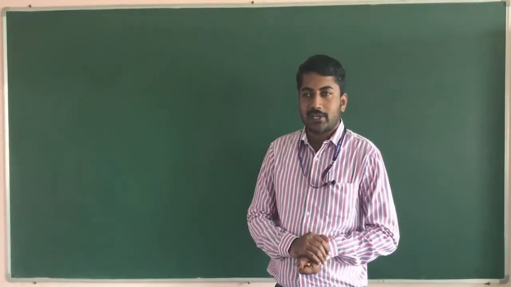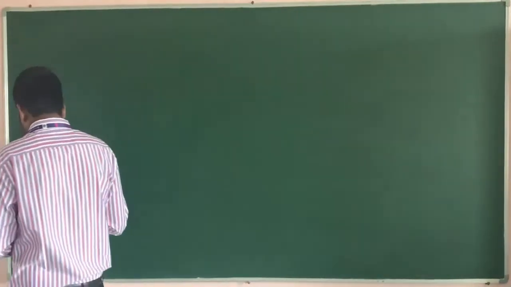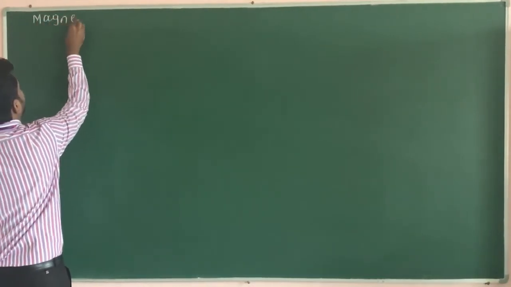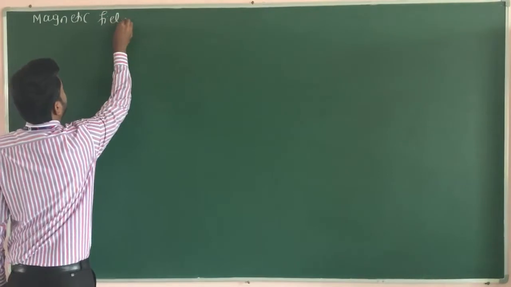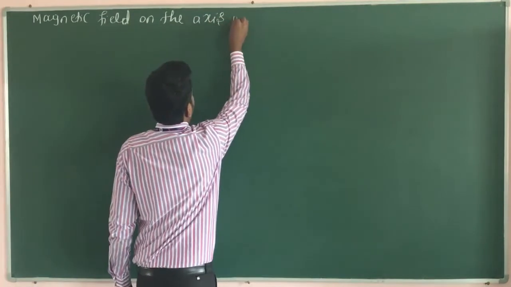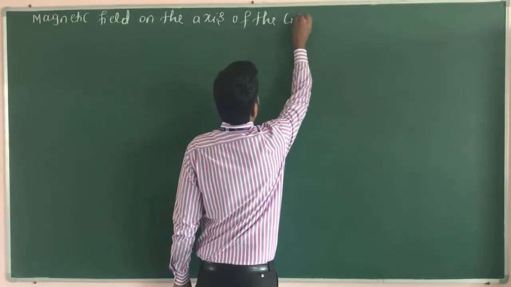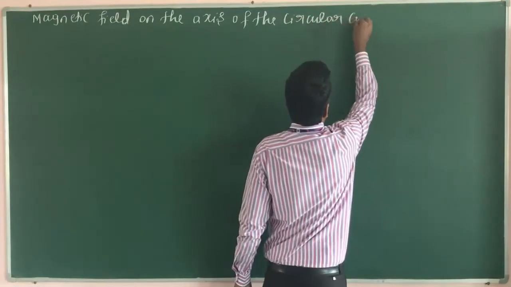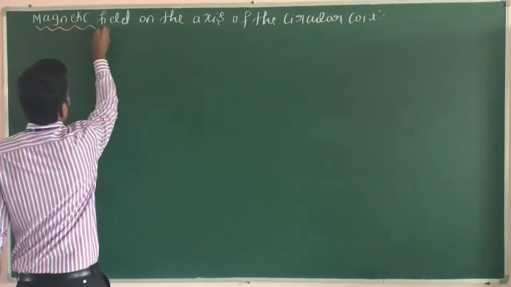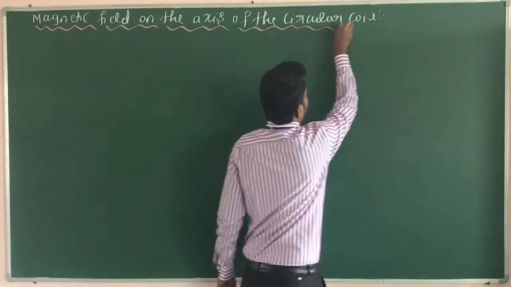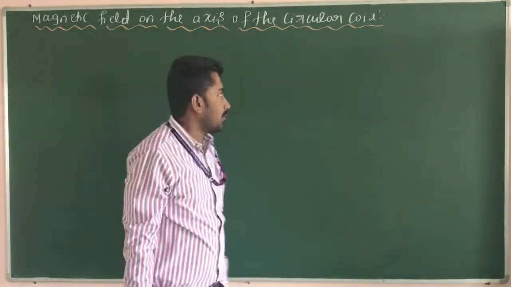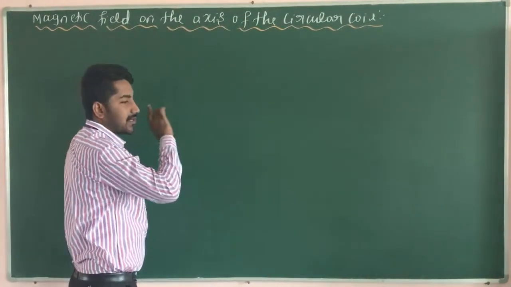That is, the magnetic field on the axis of the circular coil by using Biot-Savart's law.